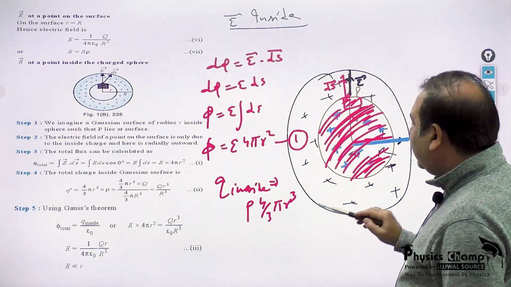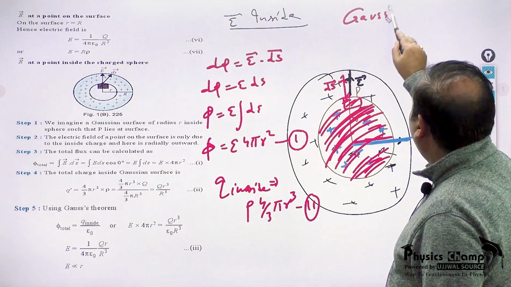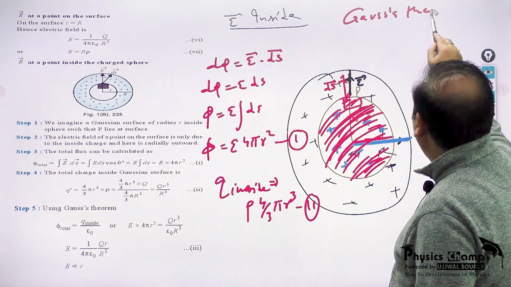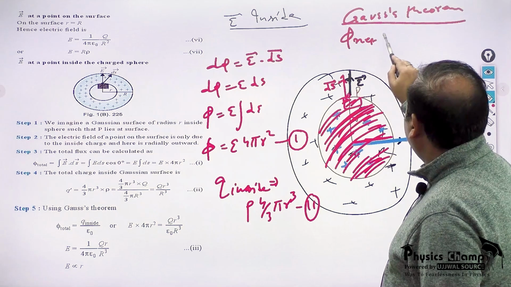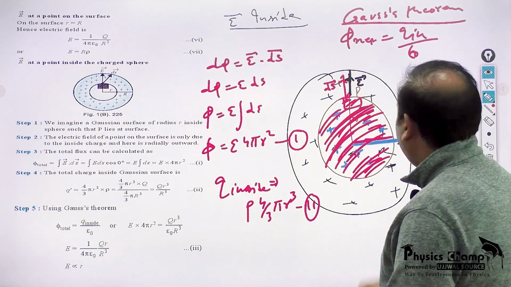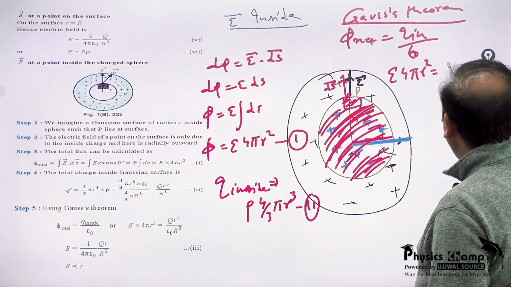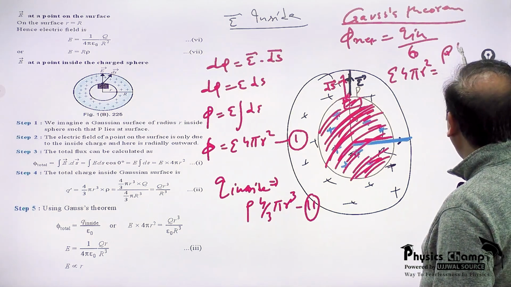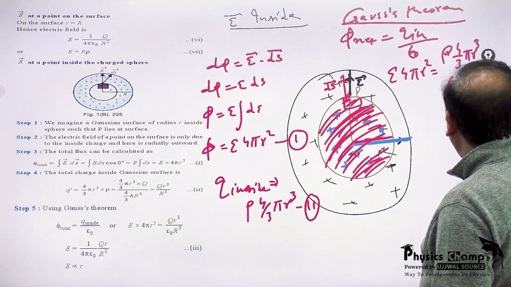So let's apply Gauss theorem here, which says net flux is equal to charge inside by epsilon naught. E into 4 pi r square is equal to rho into 4 by 3 pi small r cube by epsilon naught.